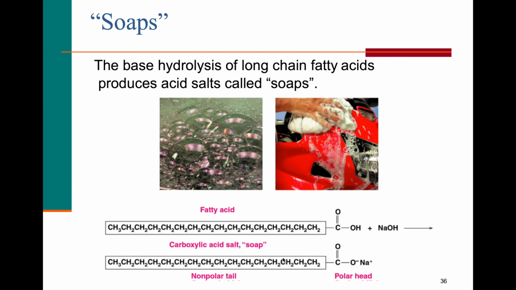And so we can see that this salt here has a very long chain, and that is its non-polar tail. The tail will be attracted to the grease molecules that it's trying to wash off. And the polar head of the salt of the carboxylic acid is what will be attracted to the water when you're trying to wash grease or oil off clothes or off anything, such as this image on the car.